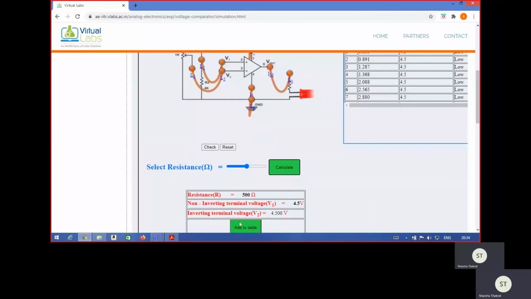So conclusion is, if input voltage is less than the reference voltage, the LED is not glowing, that is output is low. And if both the voltages are equal, the LED starts glowing, and afterwards for any higher value of input voltage as compared to reference voltage, output will be high and the LED will be glowing.